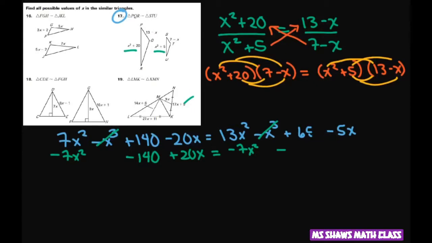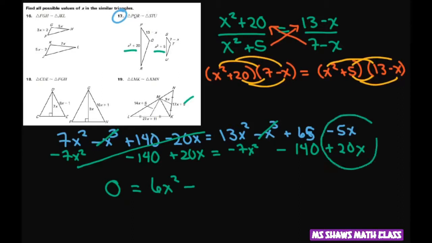So that's just 65. Sorry about that. So subtract 140 and add 20x. So this all zeroes out, and you get 0 equals 6x squared minus 15x minus 75.